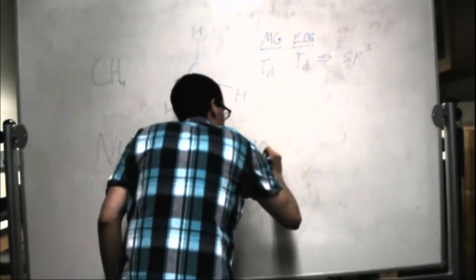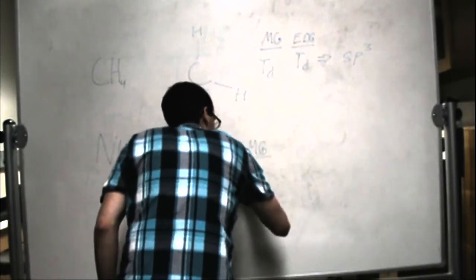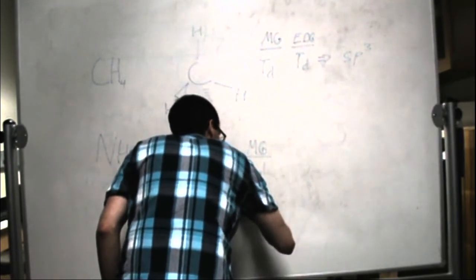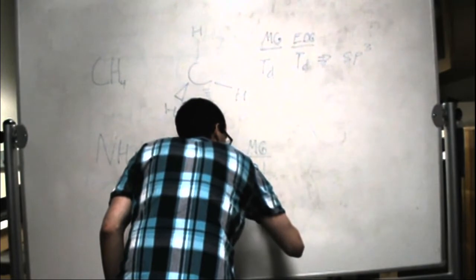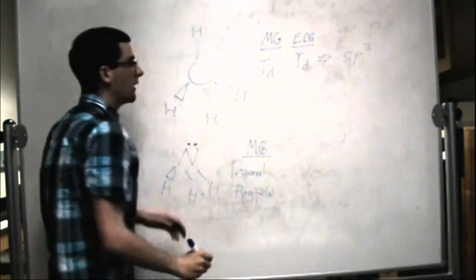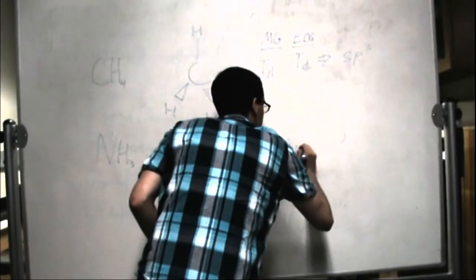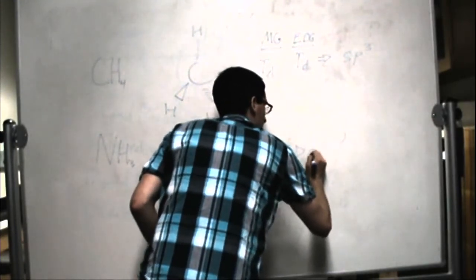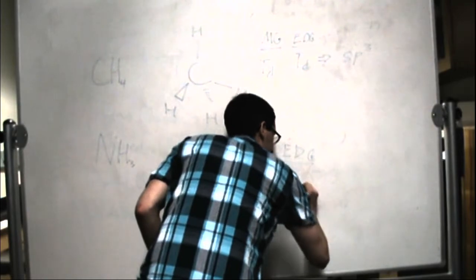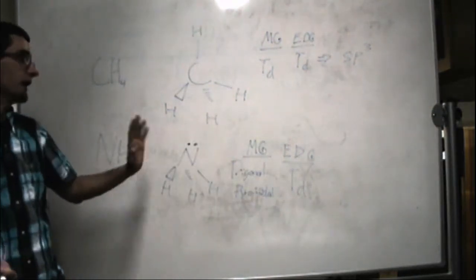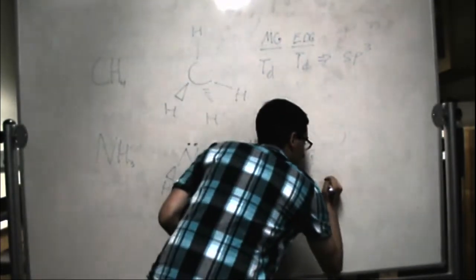So we have a molecular geometry that should be trigonal pyramidal, which translates to an electron domain geometry of tetrahedral. So remember, the electron domain geometry is the important point. So this would also be sp3 hybridized.